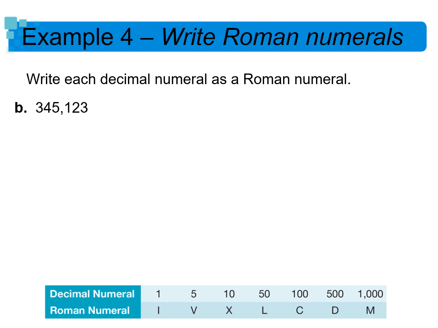Now we're going to look at a big example, 345,123. So this is going to take a lot of different steps and a lot of different ways to break this down. So the first thing we're going to do is break this down into 345,000 and then 123.